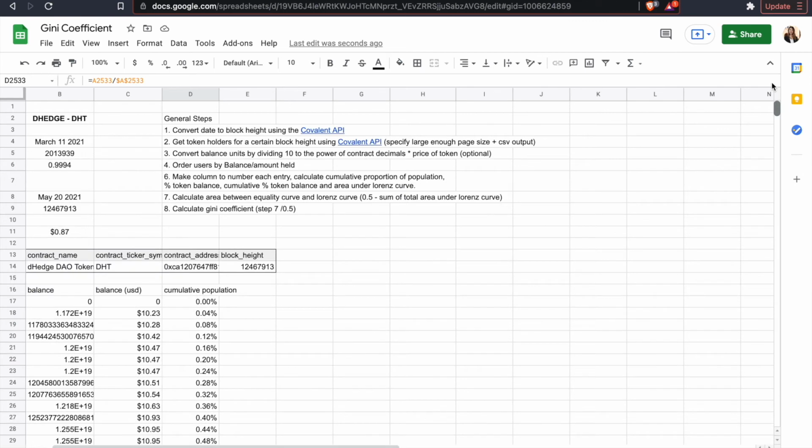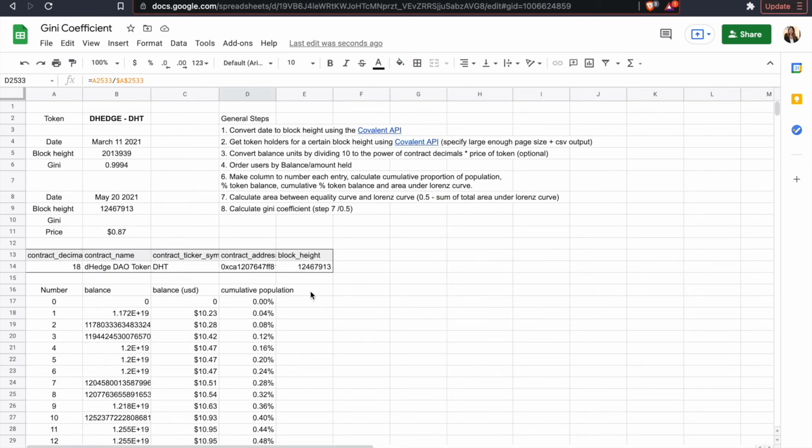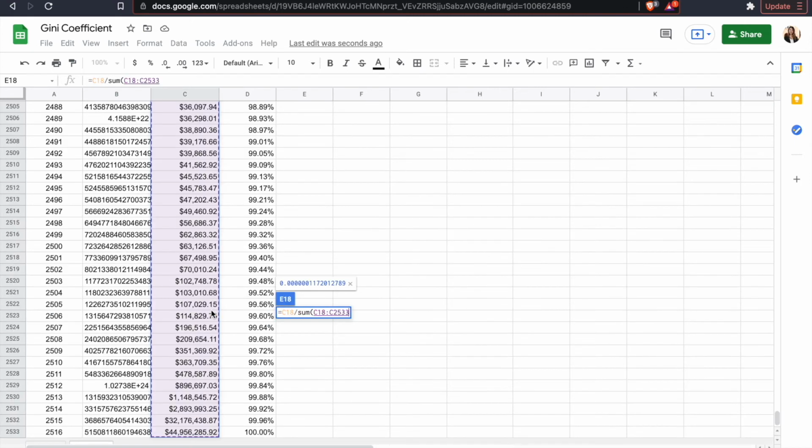And now we also want the cumulative balance. So actually we want the proportion of the balance, the proportion each balance represents. So to calculate that, we just write it. Lock that in.